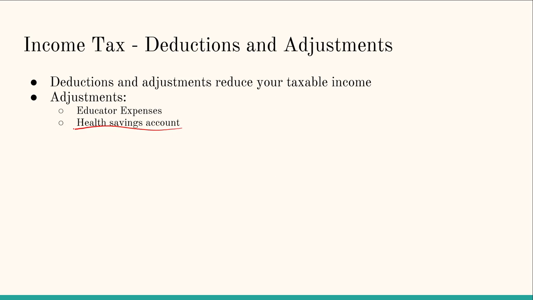But since it's an adjustment, what you put into this investment account is tax free, because let's say you put $5,000 into it, you're able to reduce your taxable income. Let's say you made 50K, you can subtract out 5K. So then you end up only paying tax on 45K instead of 50K. So it's a way of reducing your taxable income.